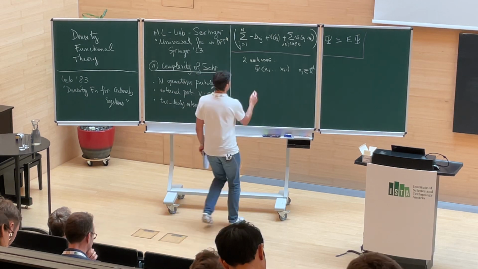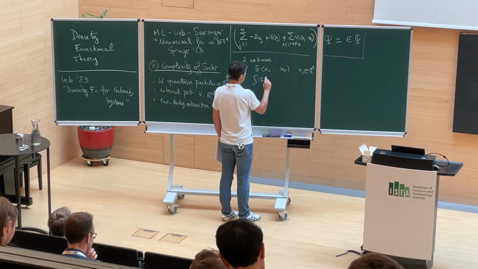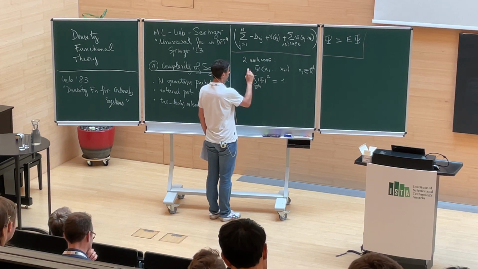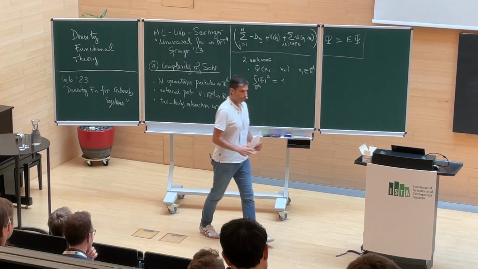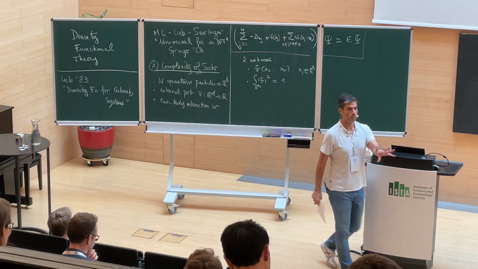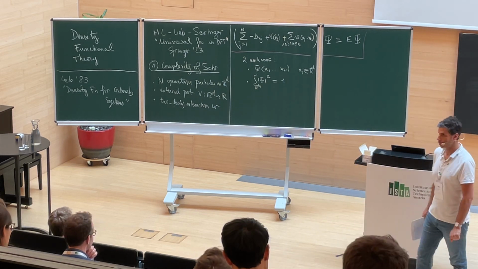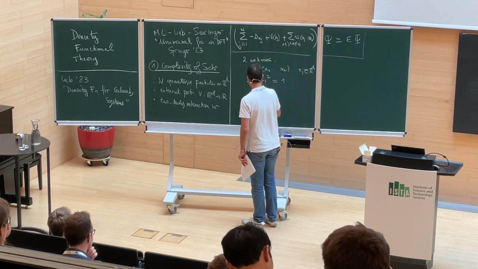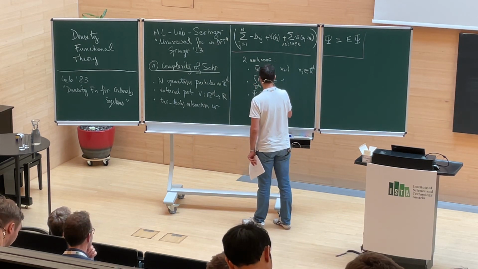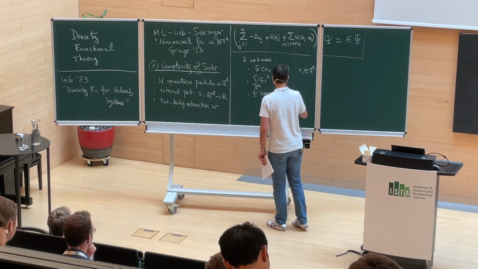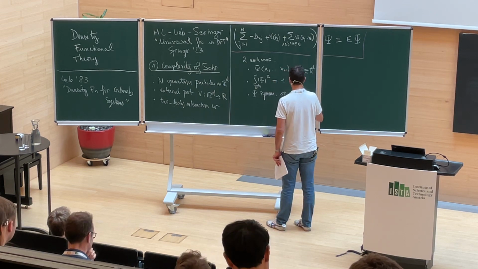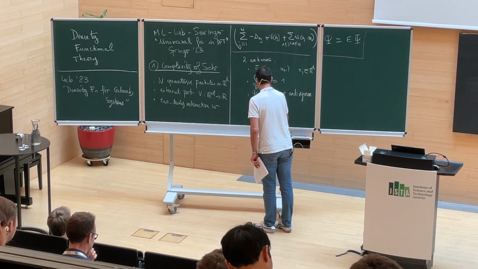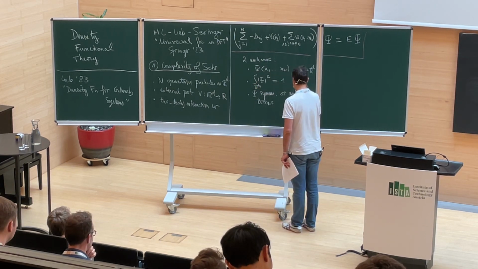Okay, psi is assumed to be normalized in L2 of R^(dN), because we think of |psi|^2 as the probability distribution for these particles. And then we have to assume that psi is either symmetric or anti-symmetric. Symmetric for bosons, anti-symmetric for fermions.